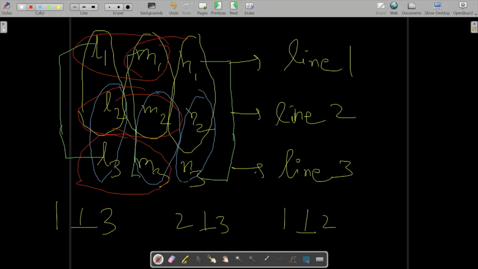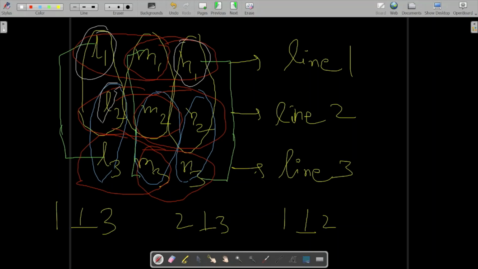Similarly, when I add this one with this one with this one, I again get 0. And similarly, in the last, when I add the product of this with this, and this with this, and this with this, I again get 0.